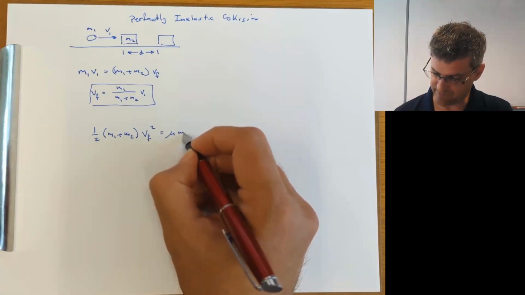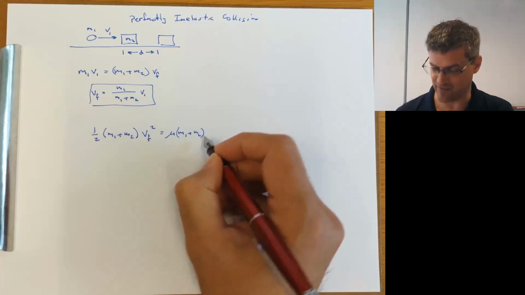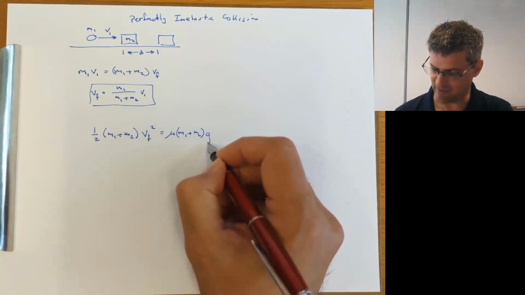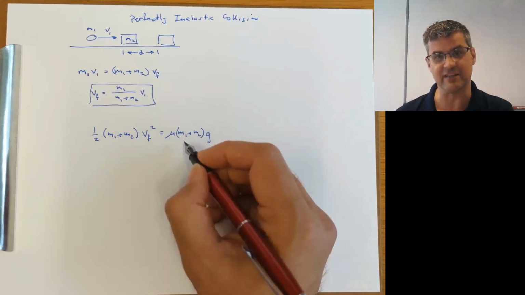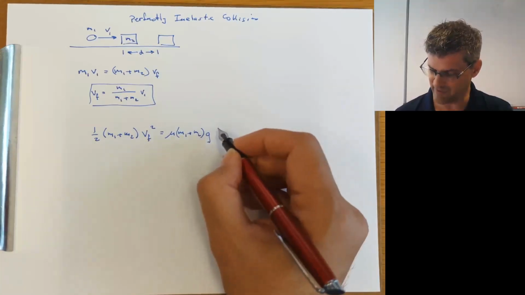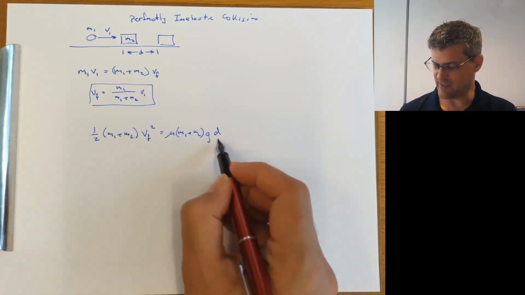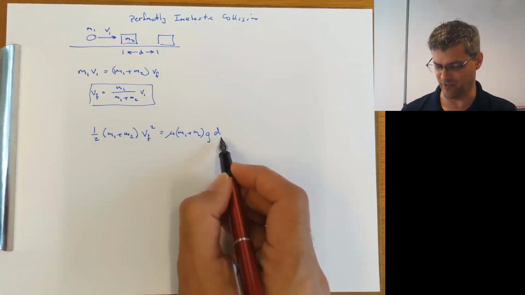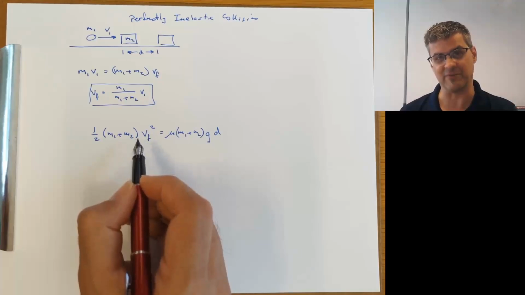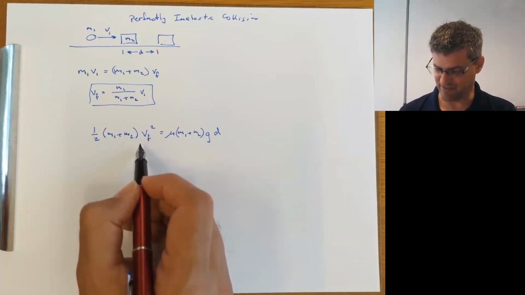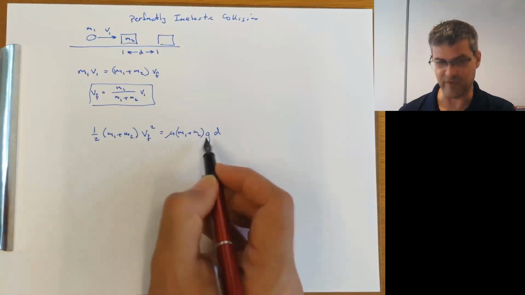Mu, m1 plus m2, the mass of the new composite object, g, the weight of the composite object. This is the normal force of this new composite object being applied by the table, times some distance d. So this is energy lost to frictional work. This was kinetic energy that the composite object had after the collision. And so if we wanted to find d, we actually could.